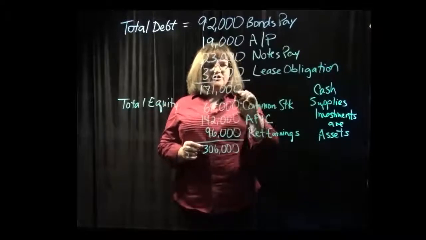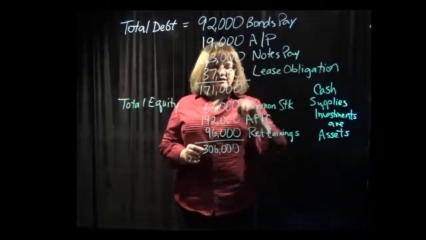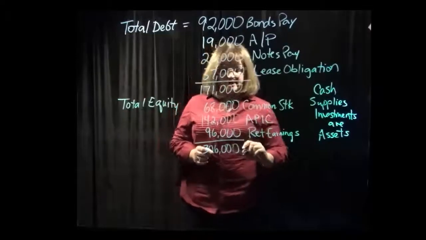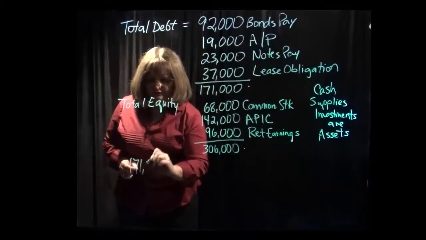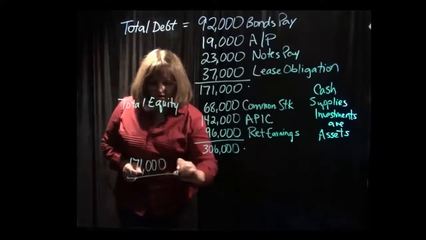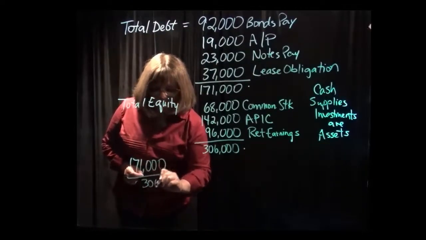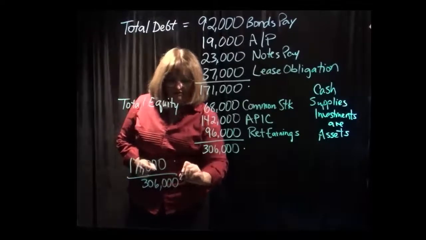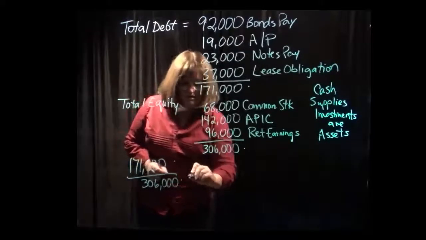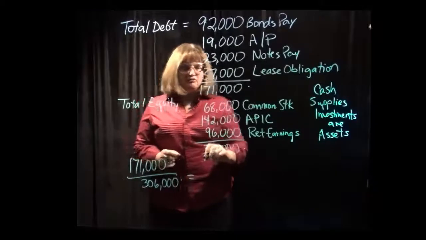The debt-to-equity ratio is simply the total debt divided by the total equity. And so now we're simply going to take that $171,000 and divide it by the $306,000, so the total debt divided by the total equity, and then we're going to round to the nearest two digits.